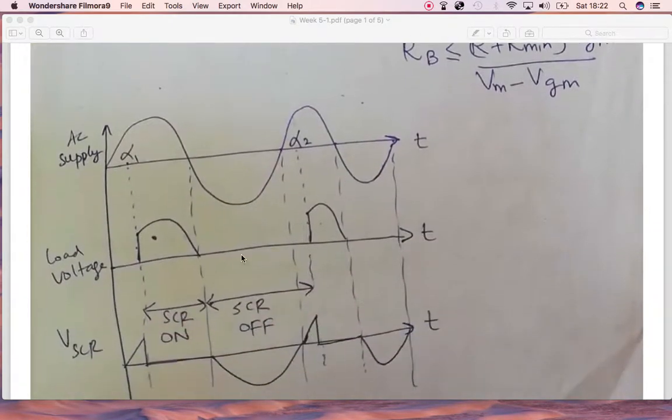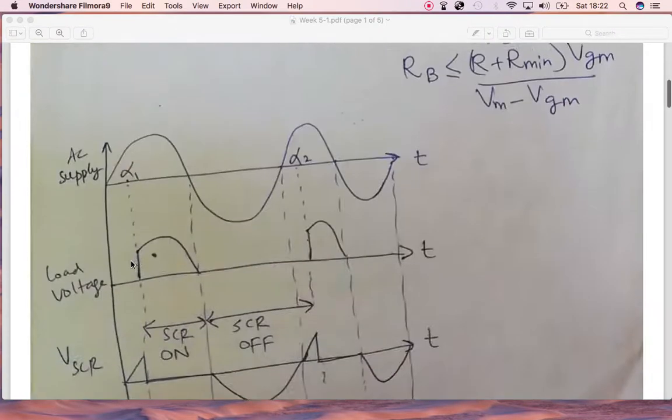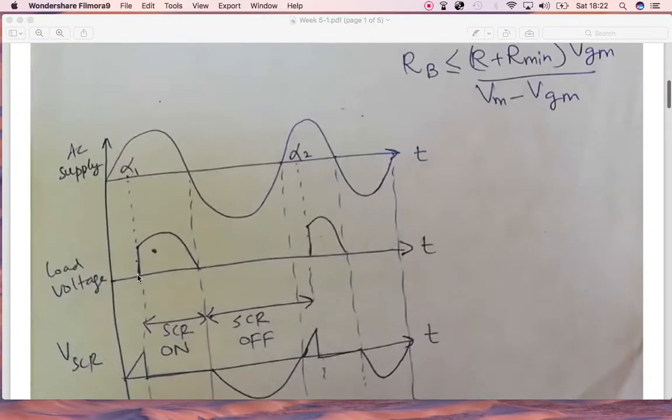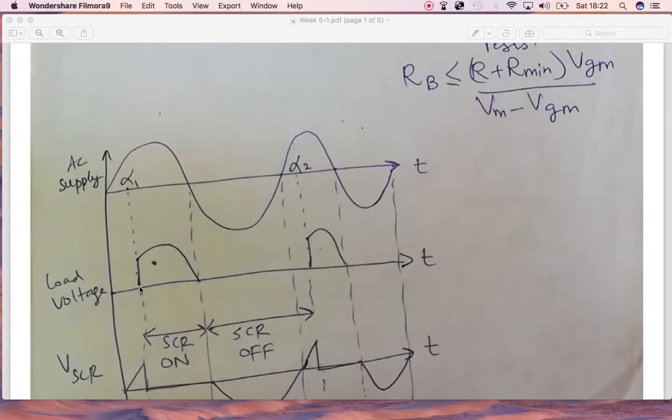And we can see that we have an AC supply over here, and then we can see the load voltage appearing over here.